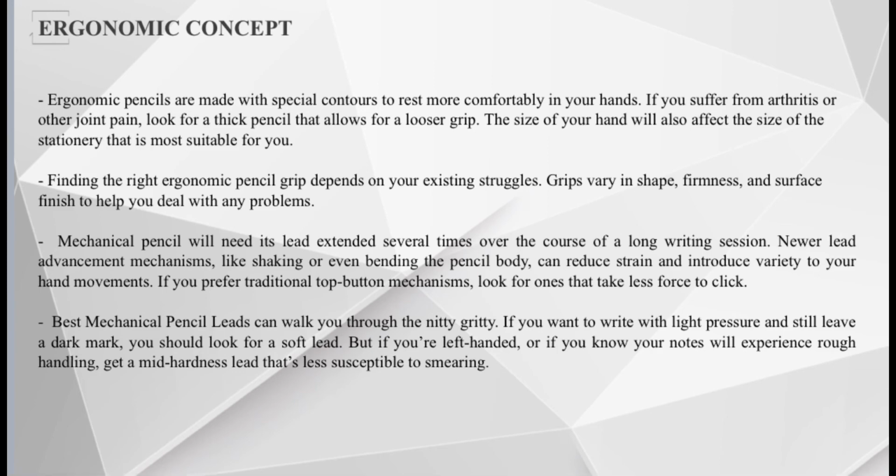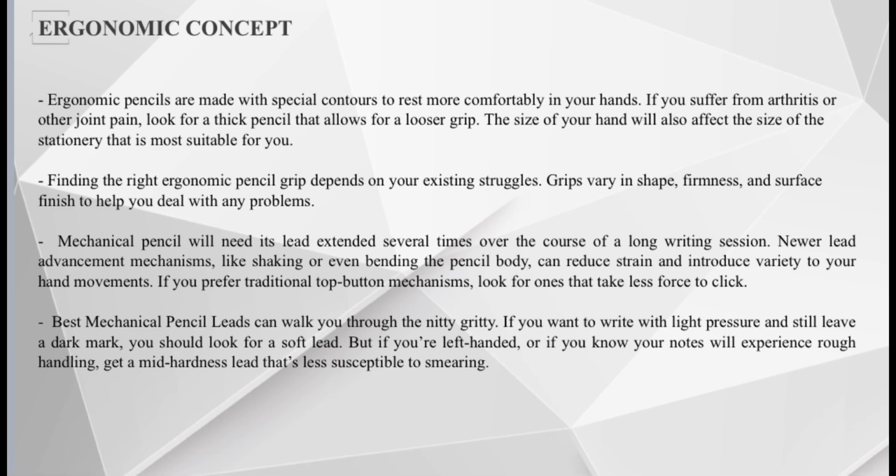A mechanical pencil will need its lead extended several times over the course of a long writing session. Newer lead advancement mechanisms like shaking or even bending the pencil body can reduce strain and introduce variety to your hand movement. If you prefer the traditional top button mechanism, look for ones that take less force to click.